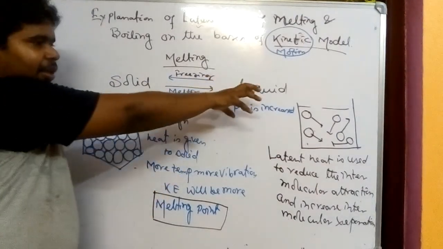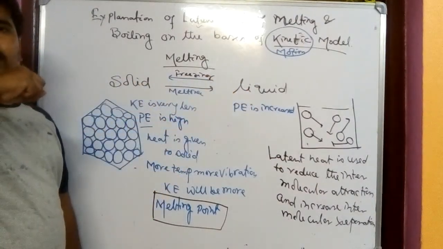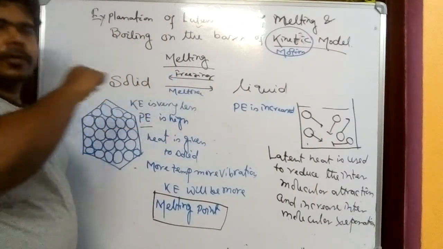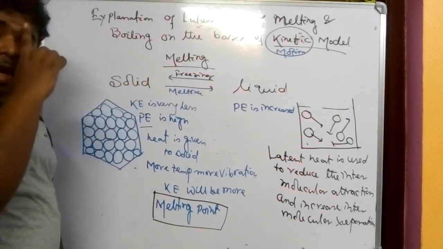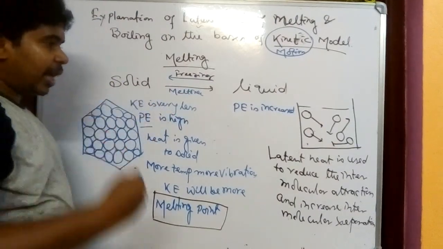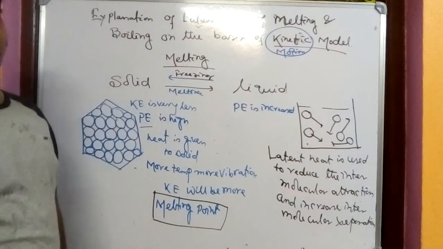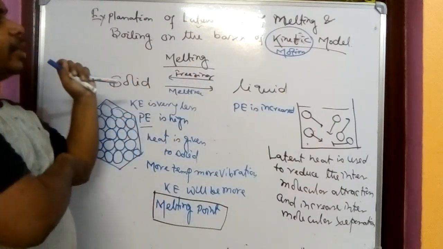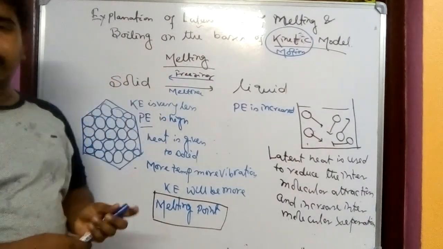So here the heat energy should be extracted, and that heat energy is the latent heat, which is liberated. That heat energy you take from a liquid decreases the potential energy. So that is the explanation of latent heat on the basis of the kinetic model.